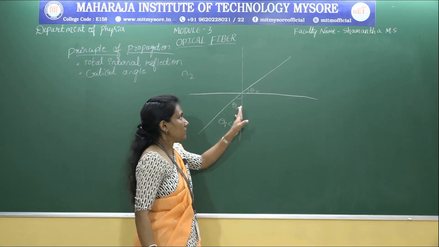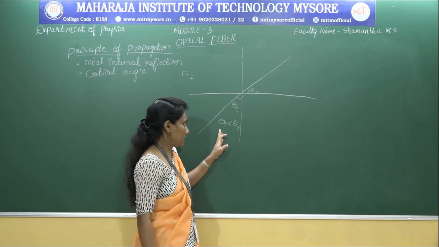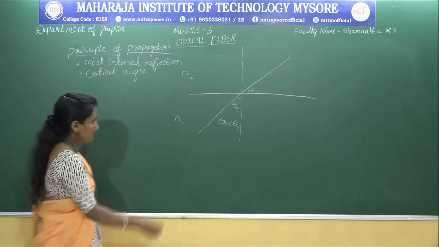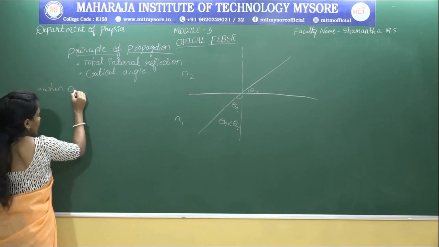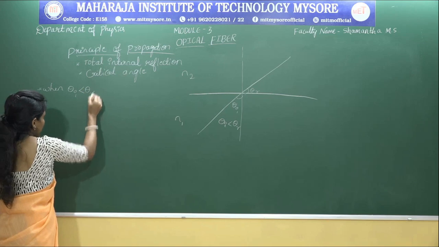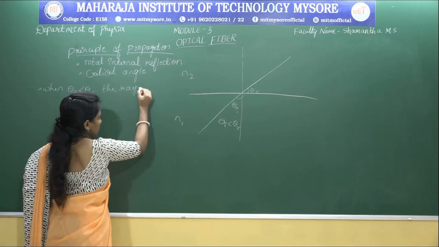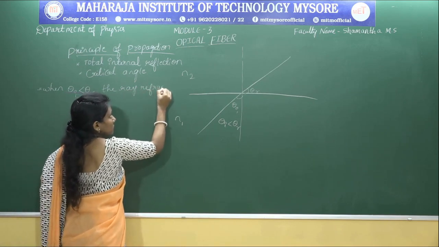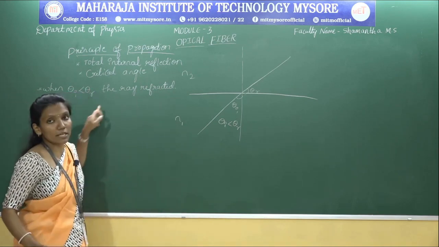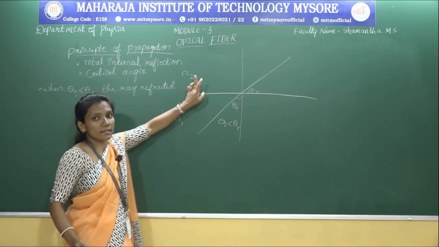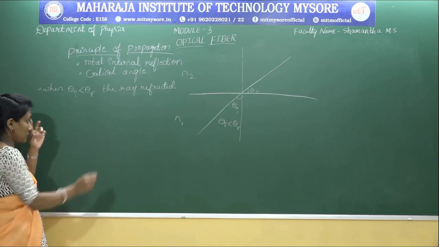When the angle of incidence is less than the angle of refraction, at this condition the ray is refracted, and some part of the incident beam is refracted through the other medium.